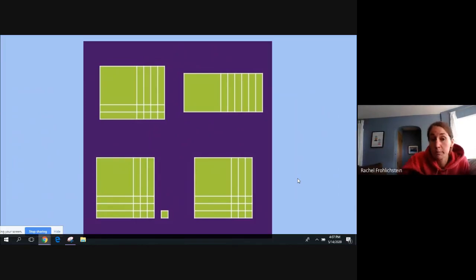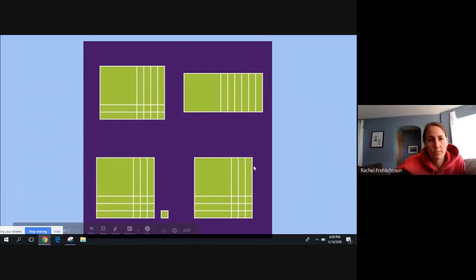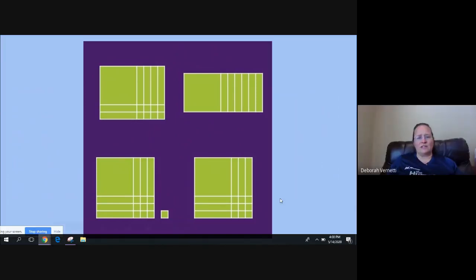That's interesting. So I'm having a hard time figuring out why this one wouldn't belong. Maybe because one has 9 small cubes and one has 8. So that could be the difference. So this one is 9, this one is 10, and this one is 8.